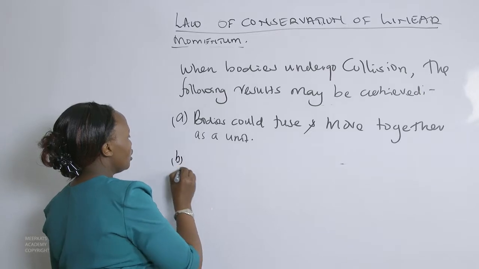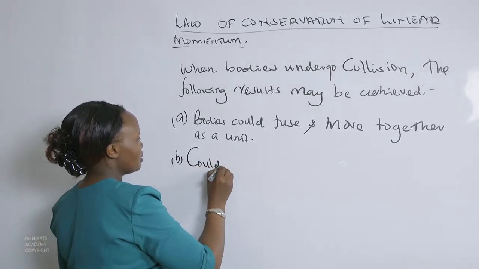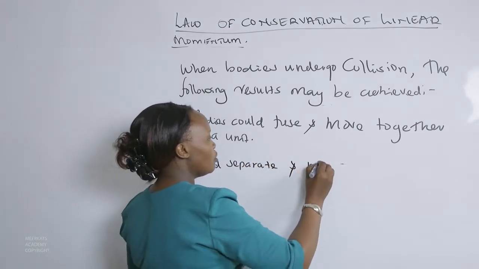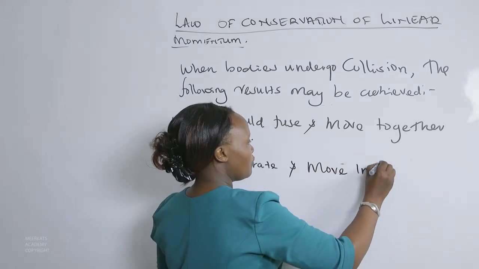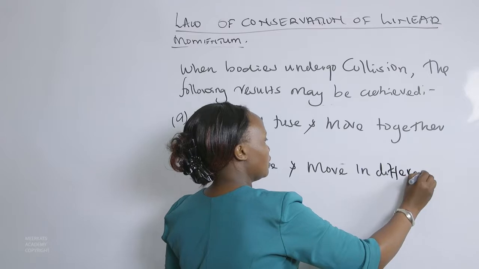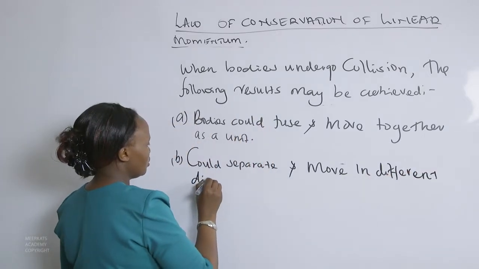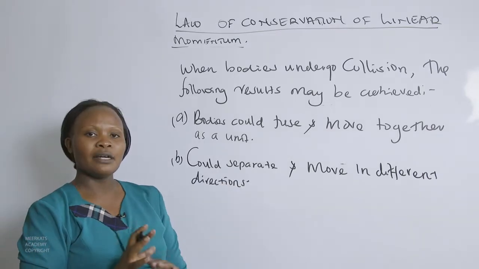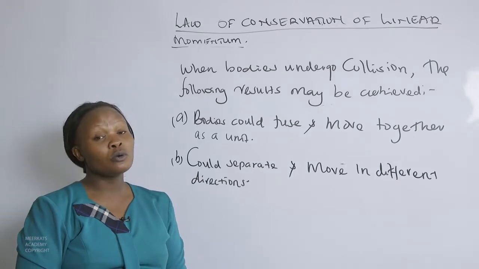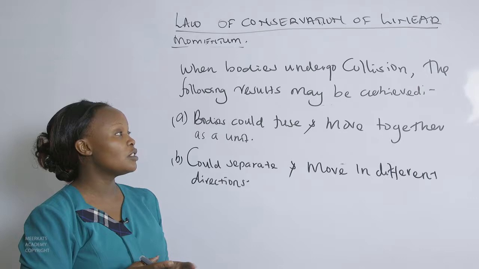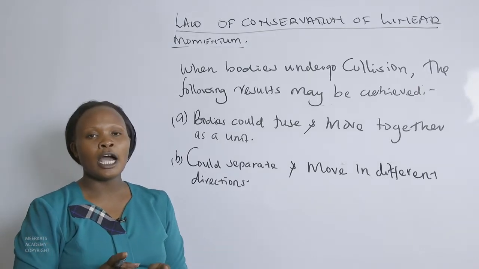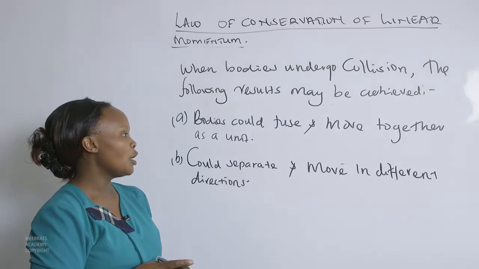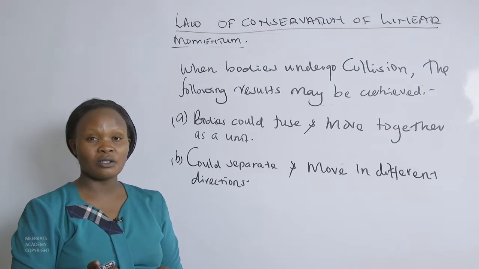Number two, they could separate and move in different directions at whatever velocity. After collision, the bodies could separate, like the case we have just had. The bodies separated and moved in different directions, depending on the force that causes the collision.